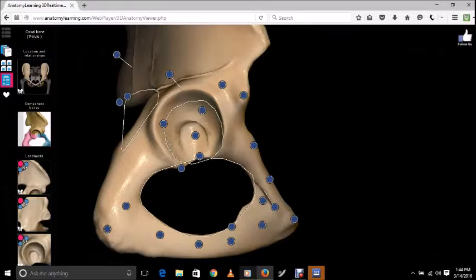It got a lot easier because in later sections you're going to see that this is actually a point of reference for a lot of muscles and nerves and vessels that also share the name obturator. And you can trace that back to the fact that they attach or pass through this obturator foramen.